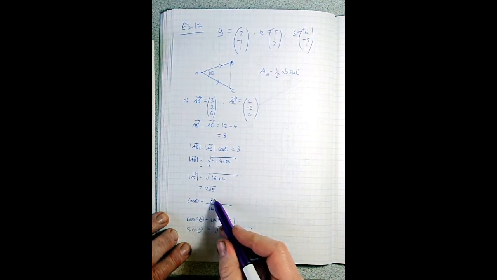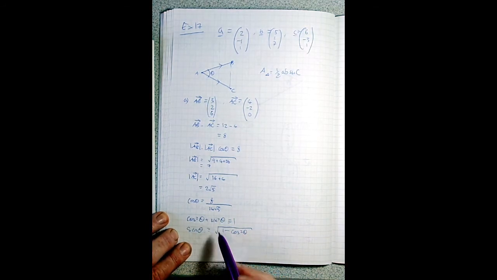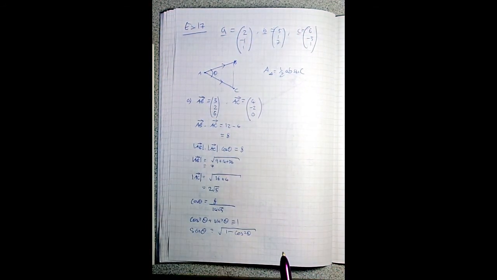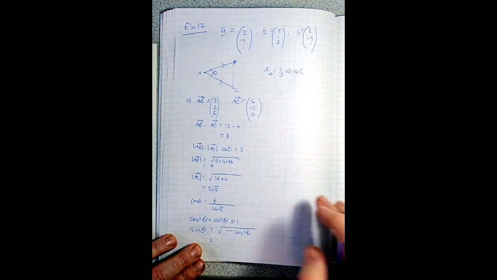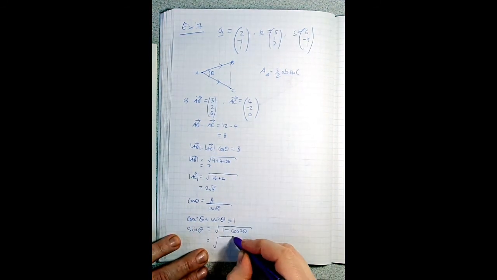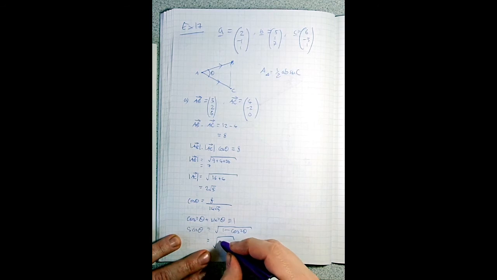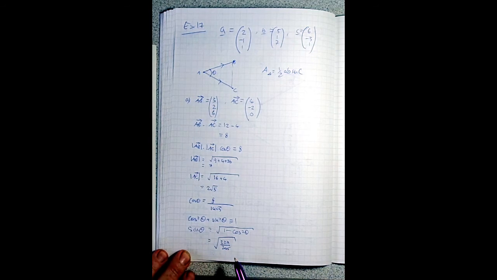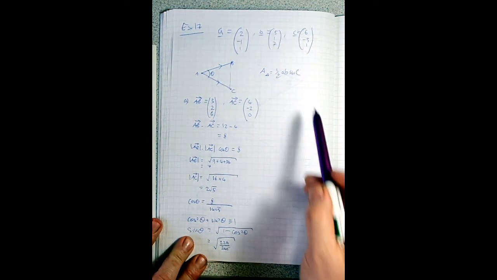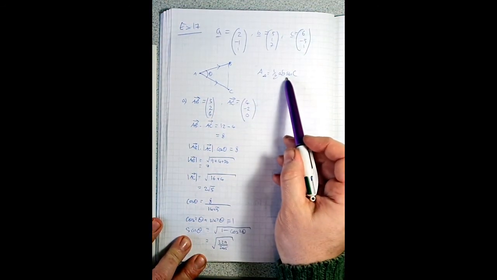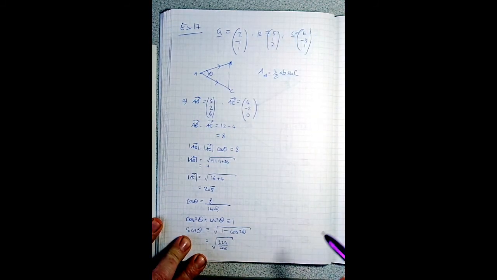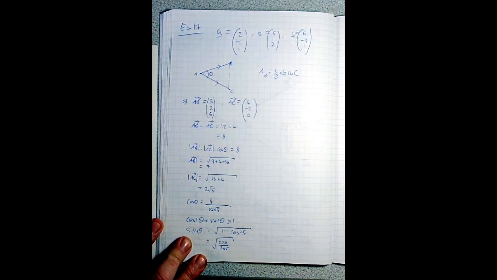And I know cos theta is 8 over 14 root 5, so I'll square it, take it away from 1, square root it. So sine theta is the square root of 229 over 245. Now it needs to be positive because I'm trying to find an area. If it were negative it would give a negative area and that would have a certain interpretation, but we'll not go there for this question.